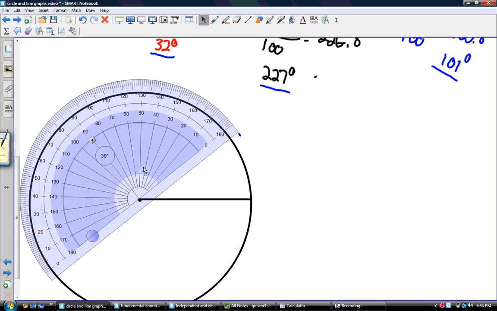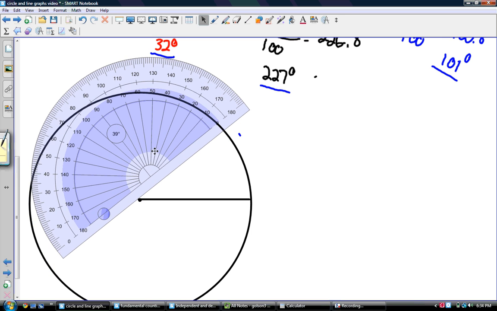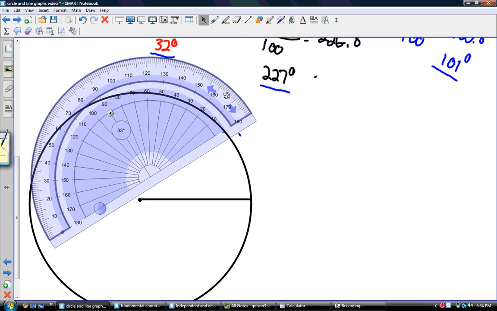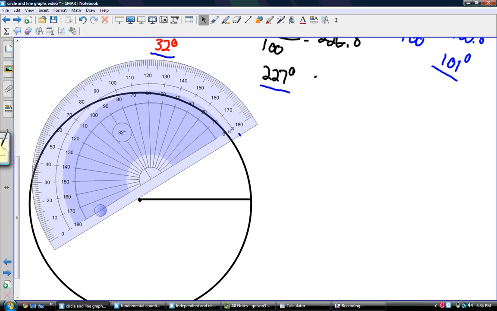And I line the protractor up, the bottom of the protractor, where I want my line to go here. And then I just draw a line. It's going to be another radius from the center to the edge of the circle on that line that's going to connect to that mark I made. So I know now this section here is going to be 32 degrees.